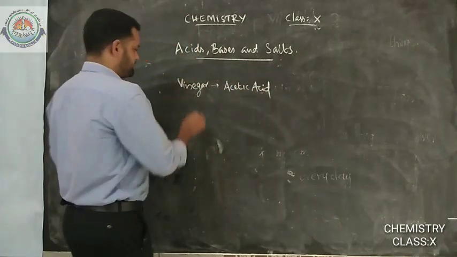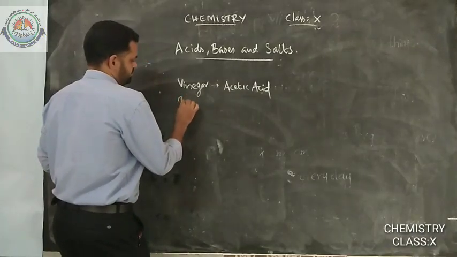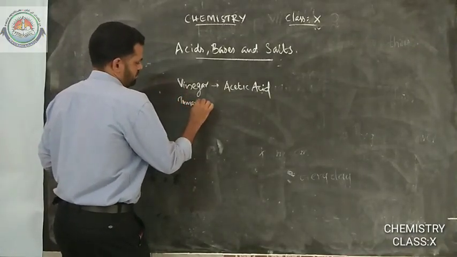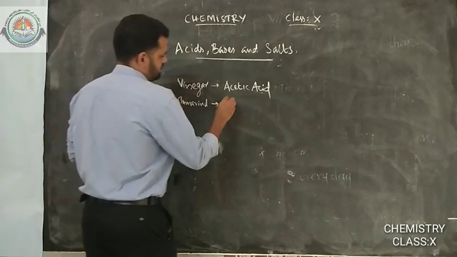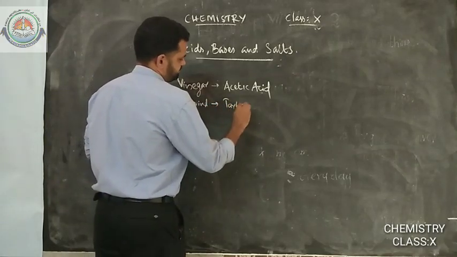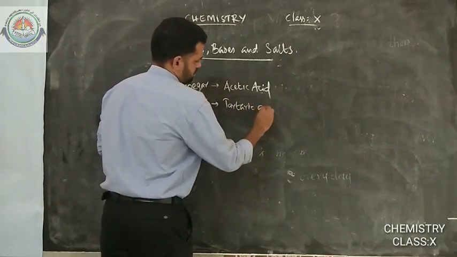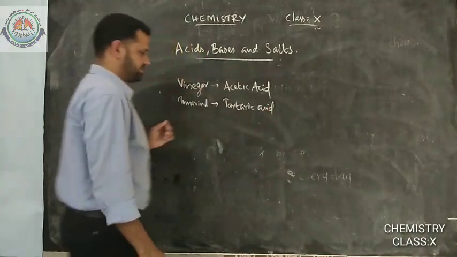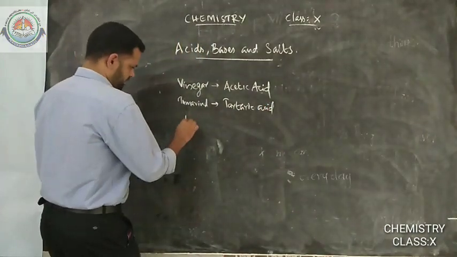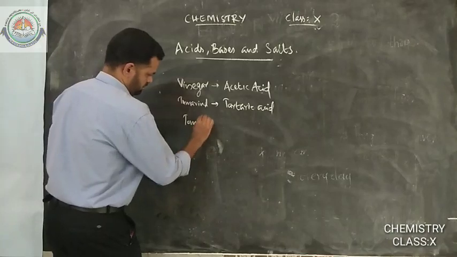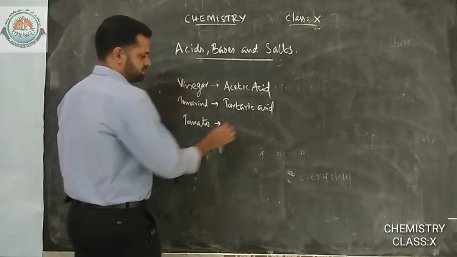and the acid that is present in tamarind is tartaric acid. And then tomato, that is oxalic acid.